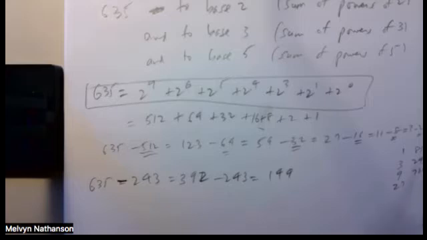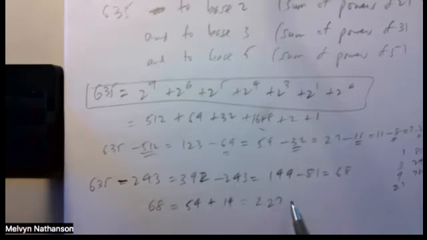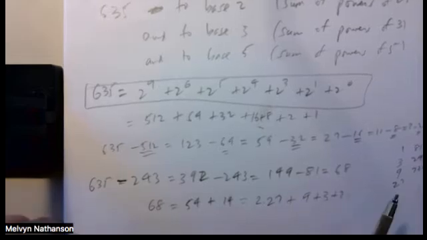I can subtract from that 81, which is 68. 68 is 54 plus 14. 54 is 2 times 27, and 14 is 9 plus 3 plus 2.